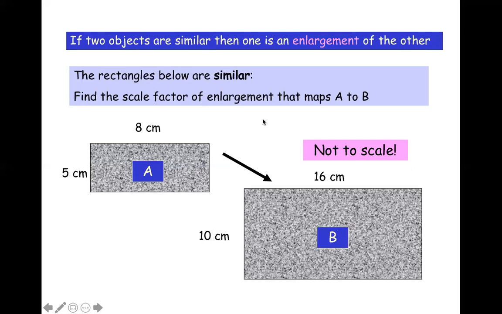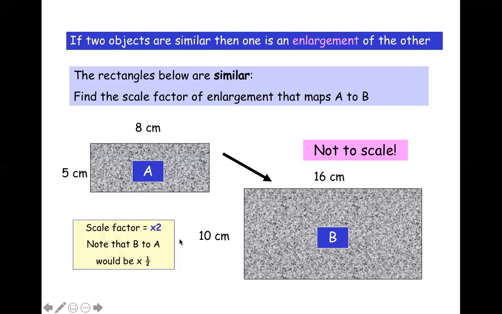So the question we might get asked is, find the scale factor of enlargement that maps A to B. So we went from 8 to 16, so we've enlarged 8 by a factor of 2. And it's the same scale factor from 5: we went to 10 by enlarging it by a factor of 2.